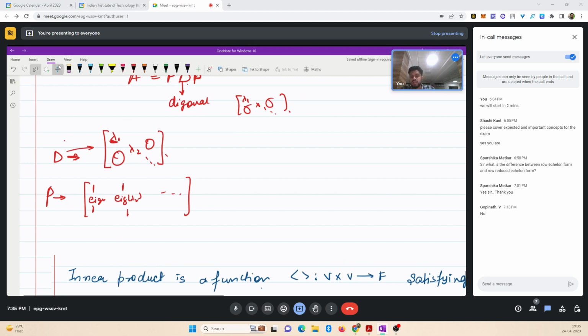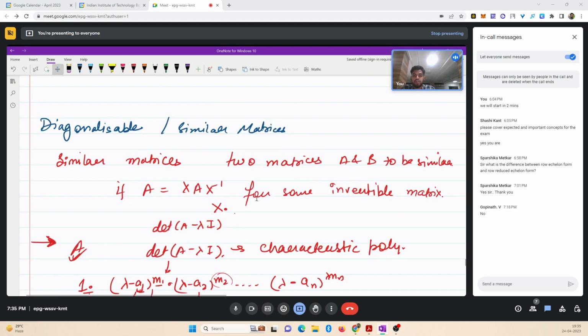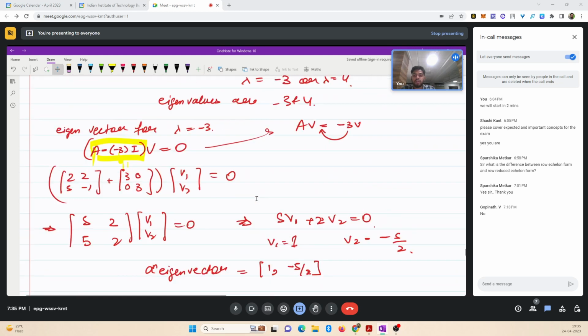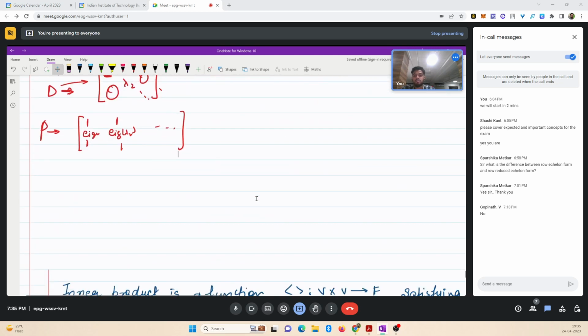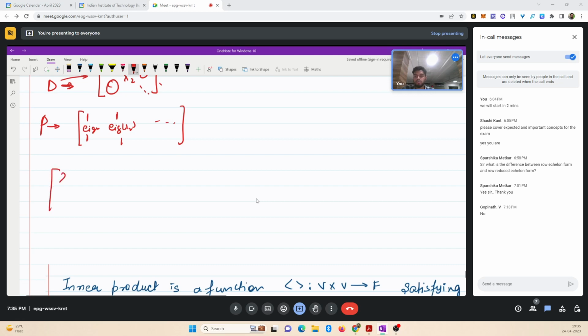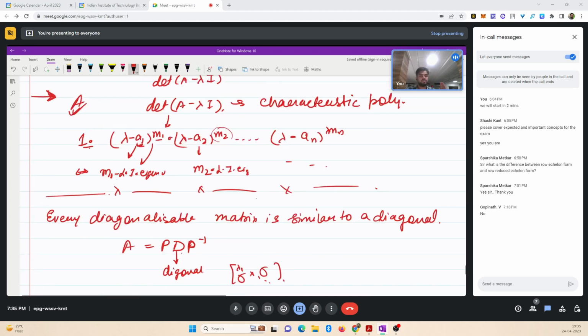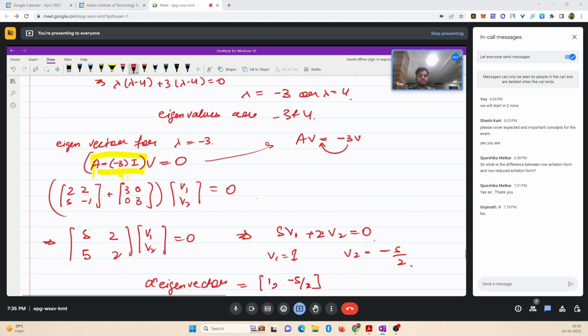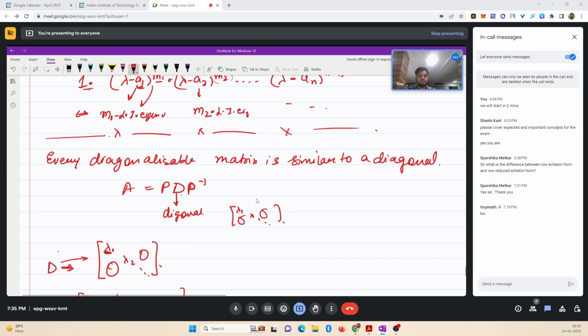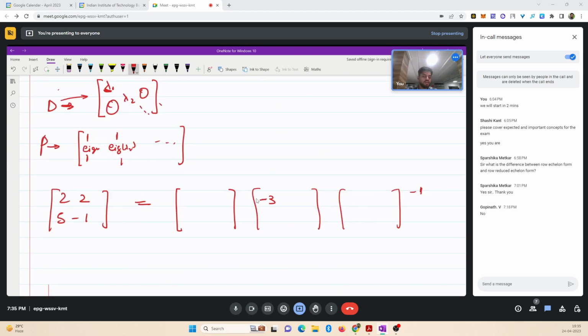So let's take the example of whatever we did in the previous question. My matrix is [2, 2; 5, -1]. I want to write it as P times D times P inverse. What is my diagonal matrix D? It consists of eigenvalues. The eigenvalues I obtained were minus 3 and 4. So I'll place minus 3 and 4 here and 0 at other places.